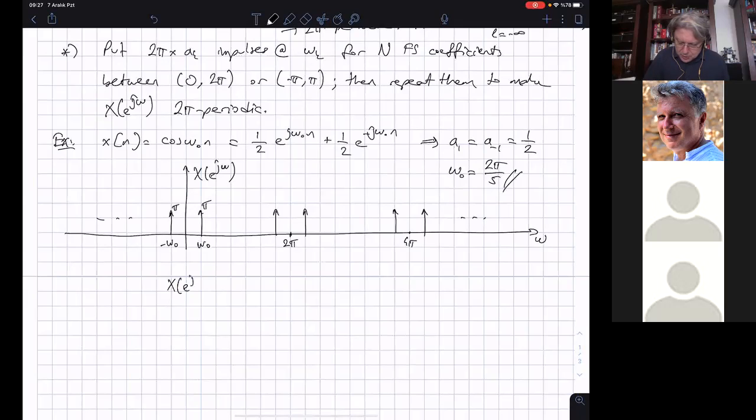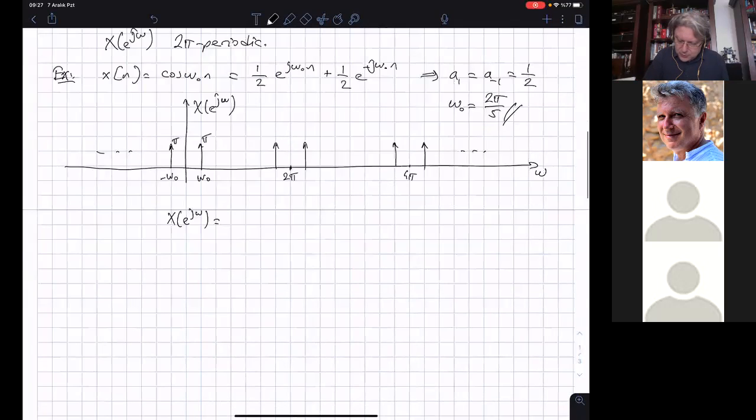X of e to the j omega consists of two separate impulse train summations. The first one is pi times, again using L from minus infinity to infinity, delta omega minus omega 0, which is 2 pi over 5, minus 2 pi L. These are the impulses starting from omega 0, and then the next one is 2 pi plus omega 0.